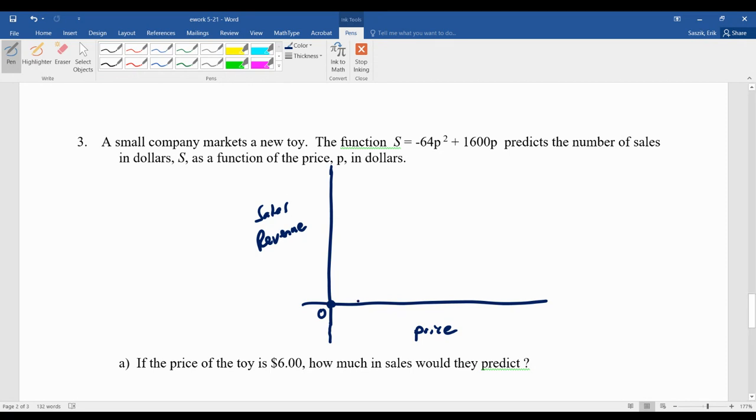But as I charge more money, my sales will go up. I'll get more money but then eventually I'm going to find, as I charge more and more for my product, people are eventually going to stop buying it. And if I charge too much, they're not going to buy any of it.